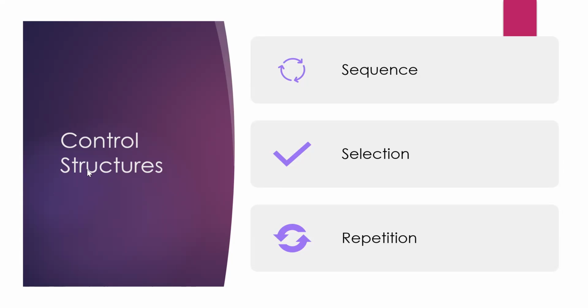And under that, let's write down: there are three types of control structures used when developing algorithms.